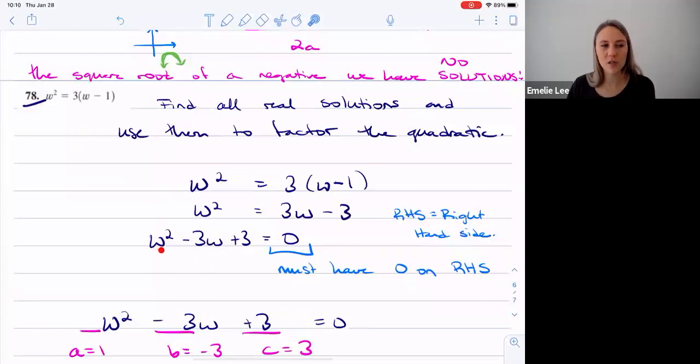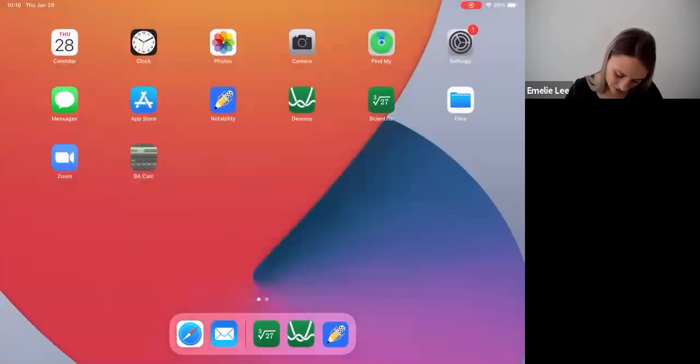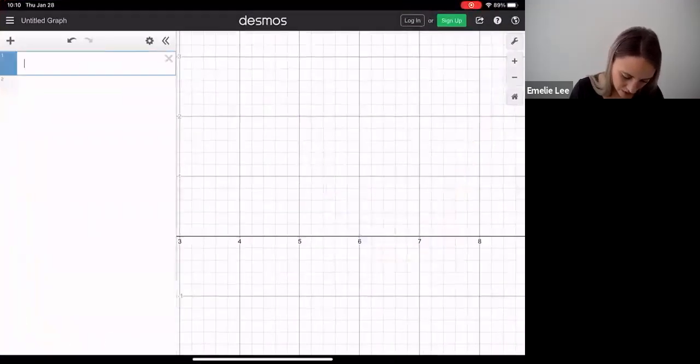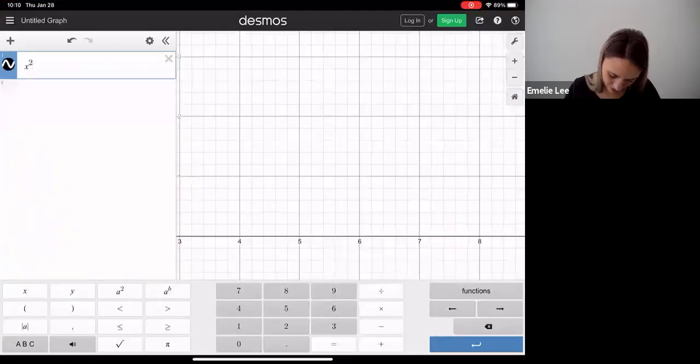So I'm going to do x squared minus 3x plus 3. And it doesn't matter what variable name you have when you're graphing. So I've got x squared minus 3x plus 3.